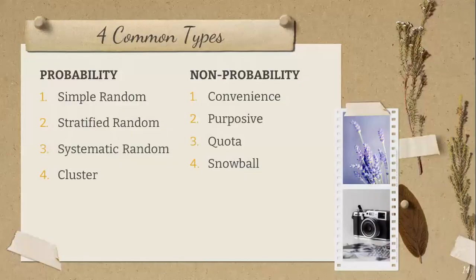What are the four common types of probability and non-probability? Let's start first with the probability. We have the simple random, the stratified random, systematic random, and cluster. And under non-probability, we have convenience, purposive, quota, and snowball.